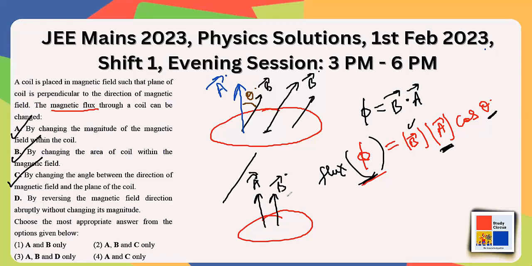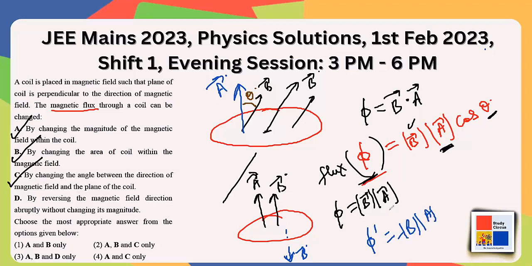The angle between A and B is 0, so the flux is going to be mod of B times mod of A times cos 0, that is 1. If you abruptly change and make the magnetic field downward, this flux is going to be negative B times A, but still it is going to be the same in magnitude.